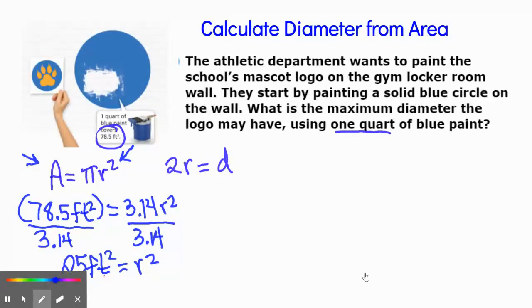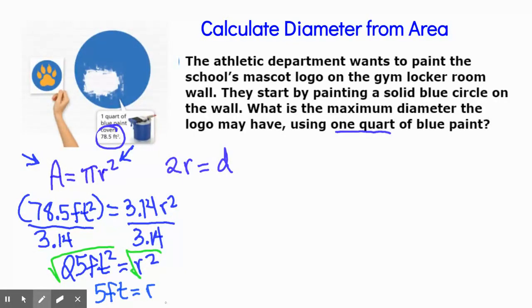So if I take the square root of both sides of this equation, I am going to come up with 5 feet equals my radius. So taking the square root is just what number did you multiply by itself to get that number. I multiplied r times r to get r squared, 5 times 5 to get 25, and feet times feet to get feet squared. So I'm left with this.